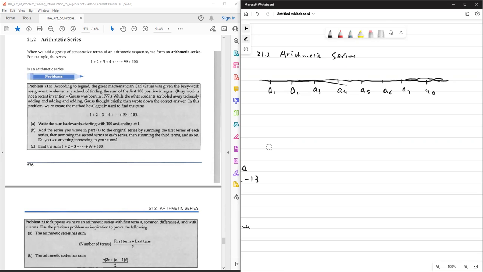Or you can imagine this is like an army, soldiers standing in formation on a grid, an equal distance to each other. This is like A1, A2, A3, up to A8. This is called a sequence, right?